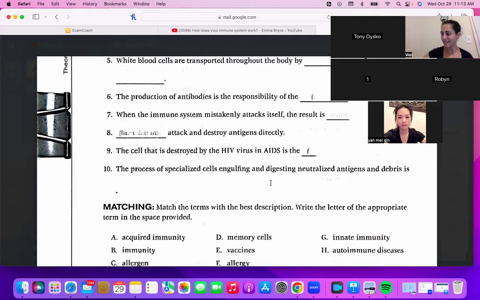It's a process, like metabolism. Is it phagocytosis? Correct. How do you spell that? P-H-A-G as in good, O, CYT for cell, and OSIS for the condition. Got it. Thank you.